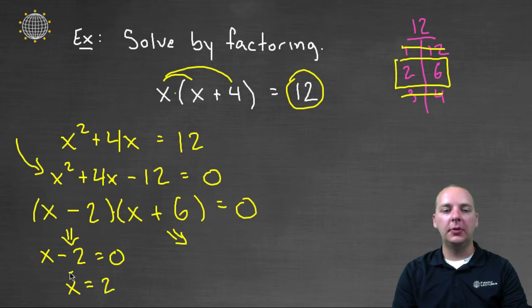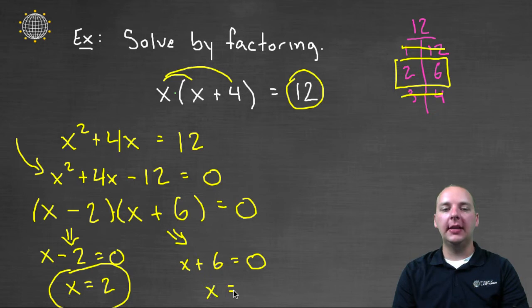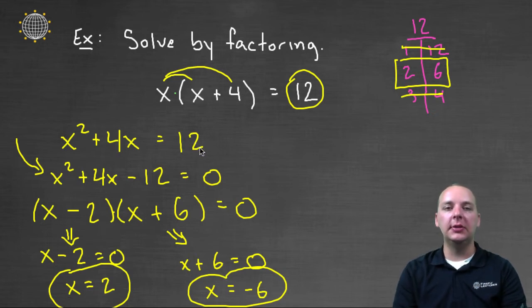So I'm going to circle that. There's one solution. And then you'd also take x plus 6, set that equal to 0, and we'd get x equals negative 6. So that would be our other solution. These two, 2 and negative 6, would be the solutions to this original equation.